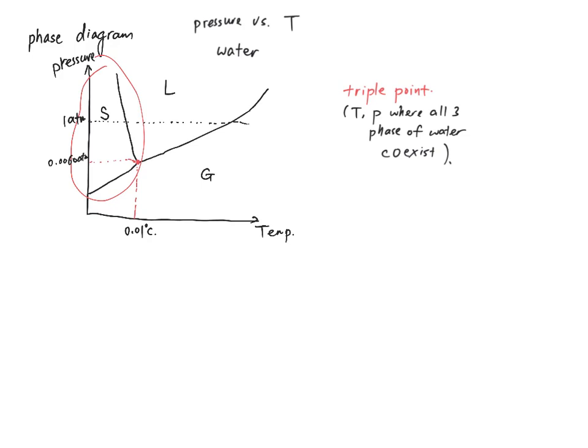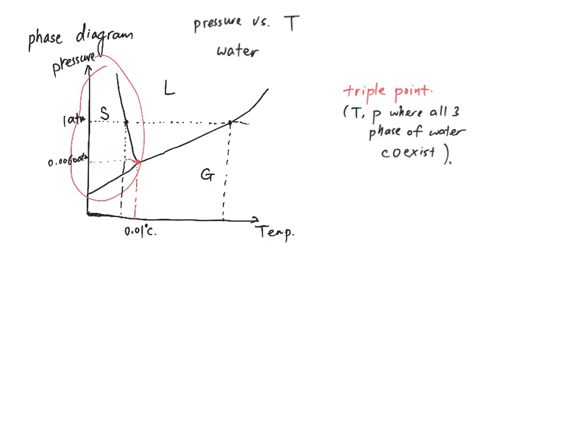The solid-liquid interface, which it crosses right here, and the liquid-gas interface, which it crosses right here. Both of these two points represent a particular temperature if you go straight down. And these two temperatures, what are they? You already know what they are.